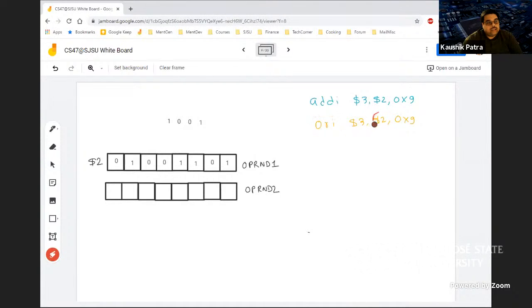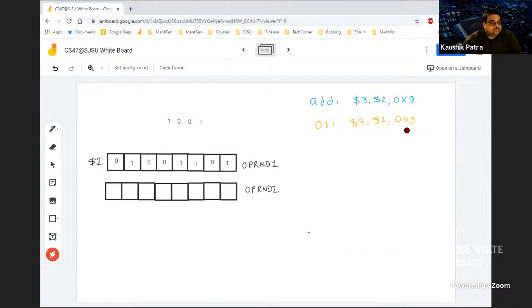Similarly, we are taking the bit pattern stored in the $2 register and doing an OR immediate operation, or logical OR operation, with a bit pattern of hex 9. That's a bit pattern. The question is how the system manipulates these values internally.